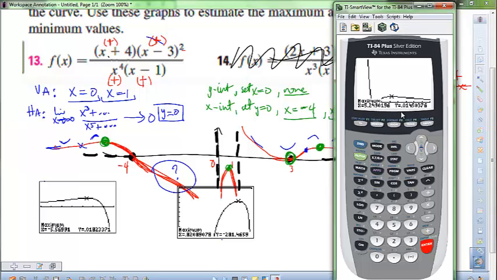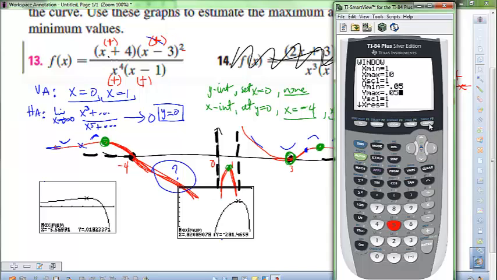I'm not getting a good picture here, so I'm just going to adjust the window one more time, to go negative 0.05 to positive 0.05.